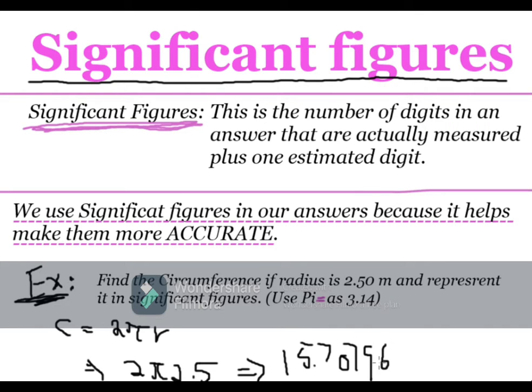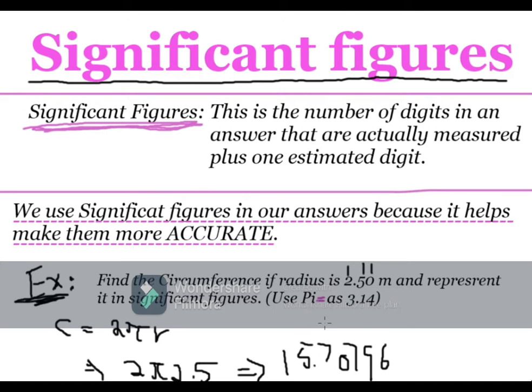15.70796. There's more to it, but that's the max I can go because I can't put it in the slide. But if I try to round it to significant figures, I need 3, because this 2.50 has 3.